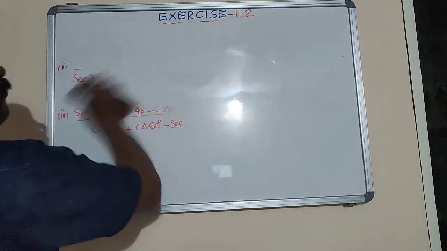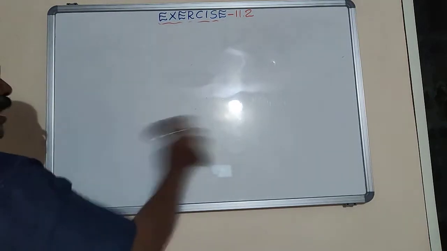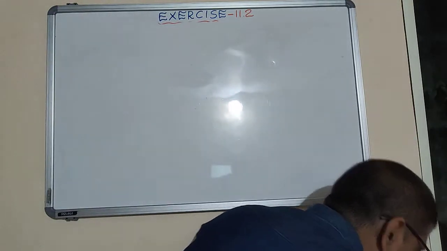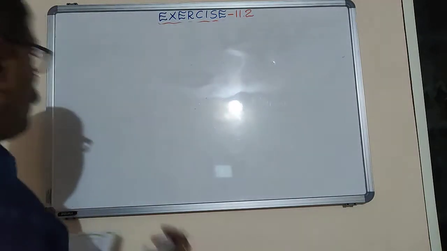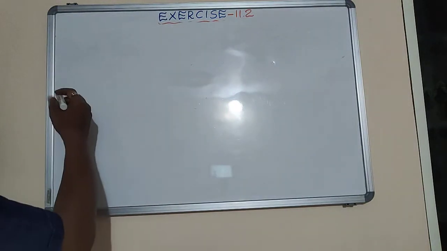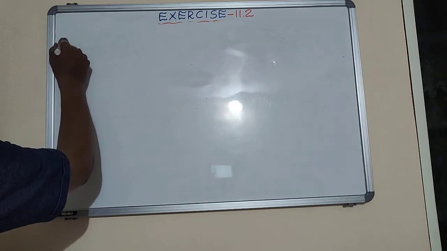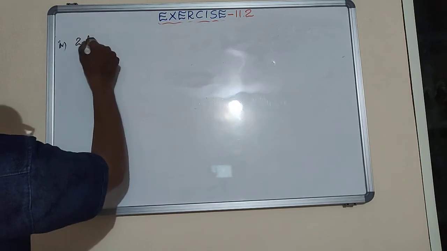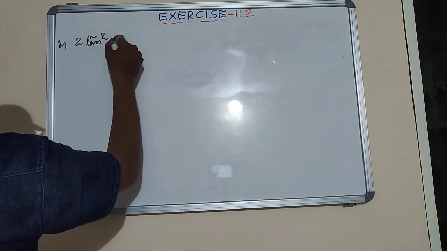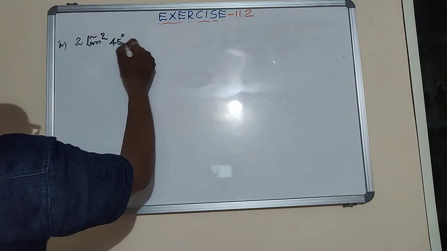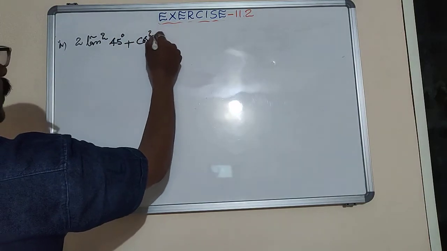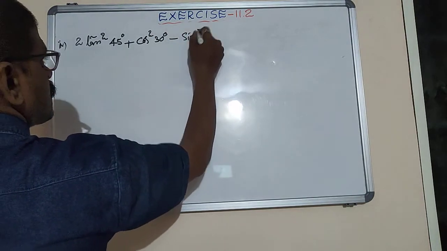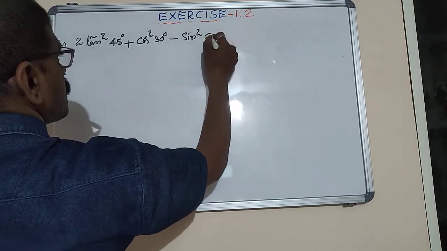Fourth question from first Roman. So what is the fourth question? Now the fourth question is 2 tan square 45 degrees plus cos square 30 degrees minus sin square 60 degrees.